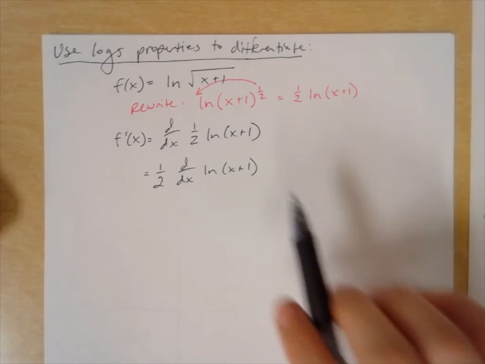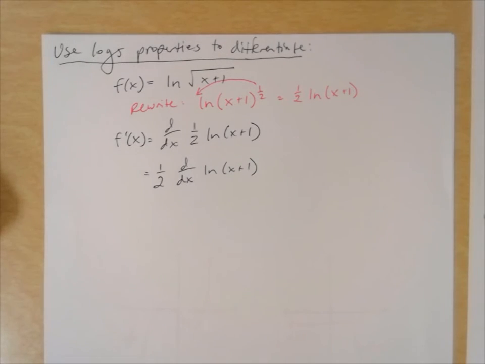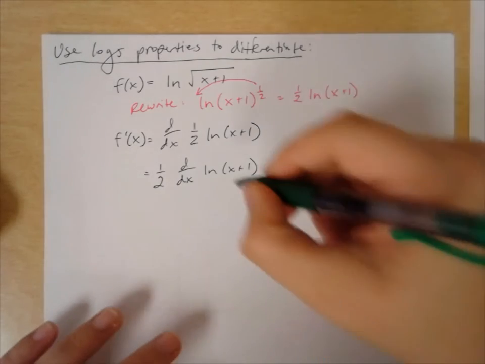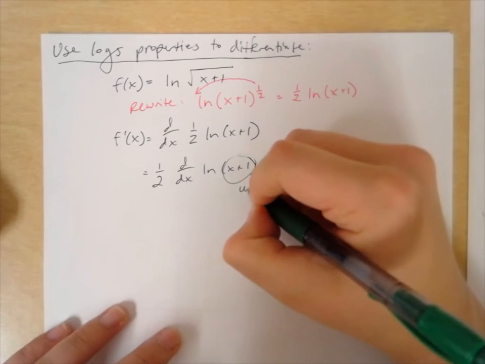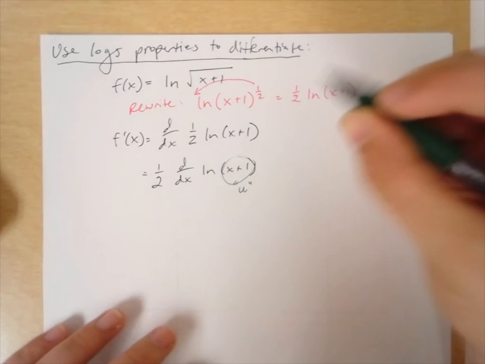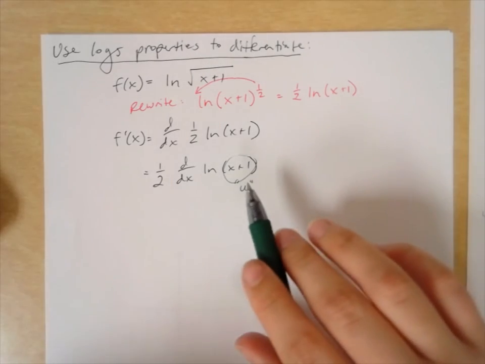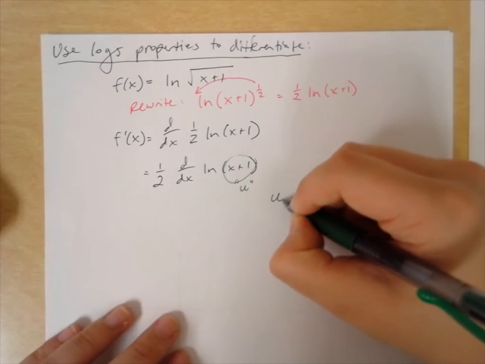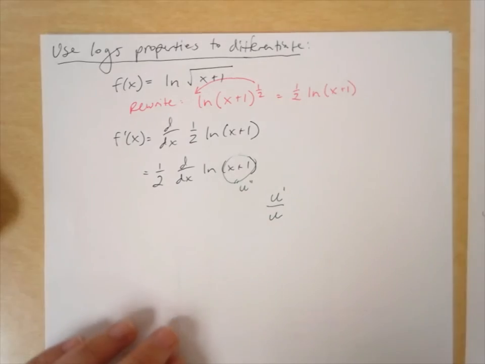And here's something that we get to say. Natural log of x plus 1, when we take the derivative of that, we've got a u situation, where we have the little function inside, more than just x. Remember, we take care of that by doing u prime over u.